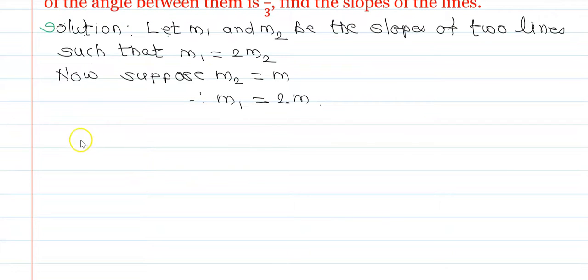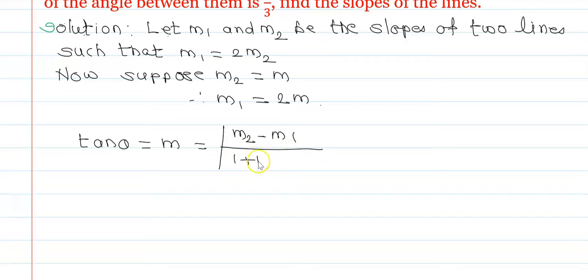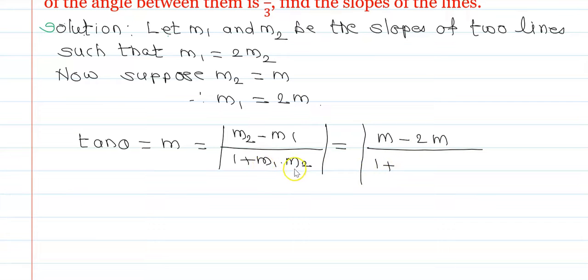And the tan of theta, that is equals to m, is equals to in mod of m2 minus m1 upon 1 plus m1 into m2, and this equals to m2 minus m1. m2 is m minus m1, which is 2m, upon 1 plus m1 into m2. m1 is 2m, m2 is m.